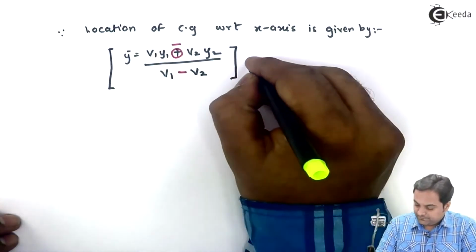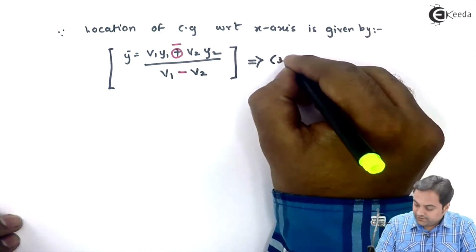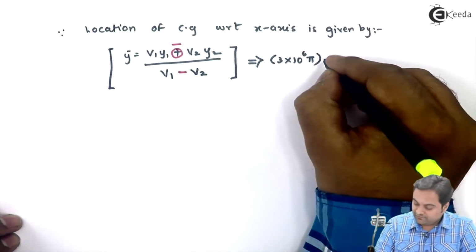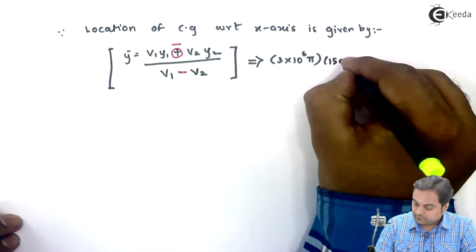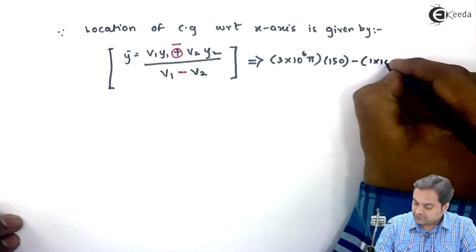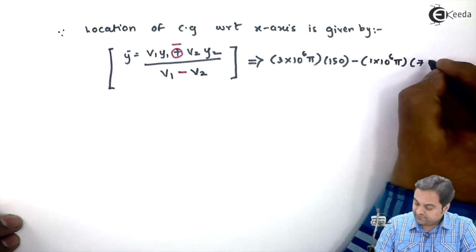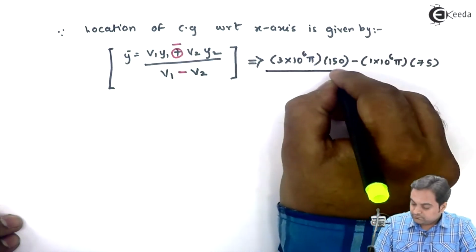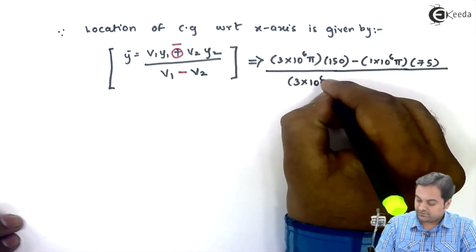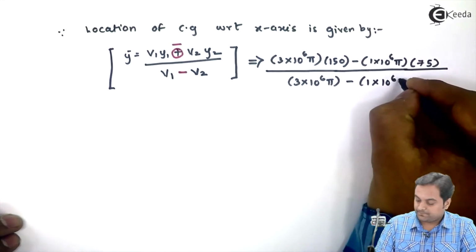So therefore I'll put the values: V1 is 3 into 10 raised to 6 pi, Y1 is 150, minus V2 1 into 10 raised to 6 pi, Y2 75, upon V1 minus V2, that is 3 into 10 raised to 6 pi minus 1 into 10 raised to 6 pi.